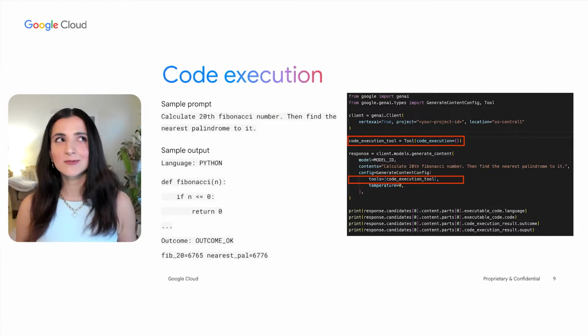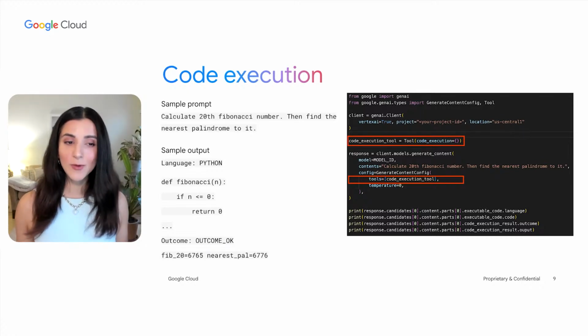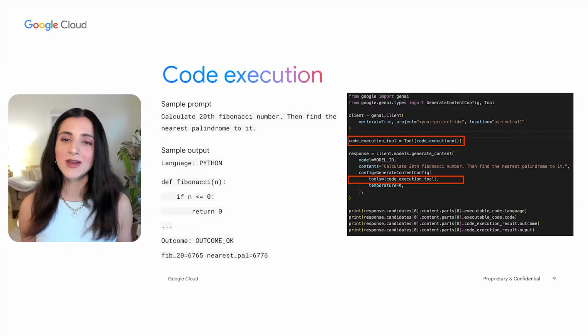I think the easiest way to understand this concept is really to just jump into a notebook and execute this code yourself. But as an example, if you look at the right-hand side of the slide here, you can see that the contents, so basically my prompt that I'm sending to Gemini, is to calculate the 20th Fibonacci number and find the nearest palindrome to it. Out of the box, we could just send this prompt to Gemini and let the large language model use its capability of next token generation to answer this question.